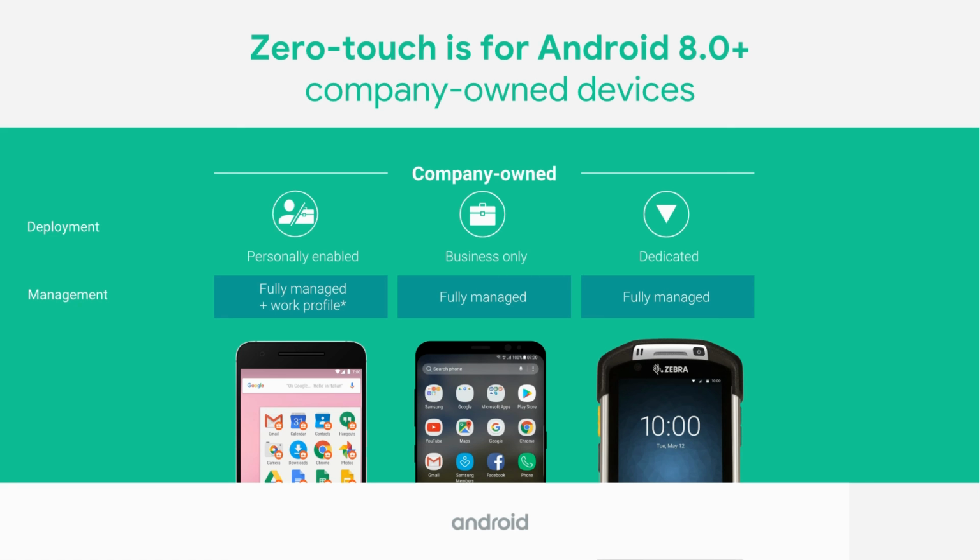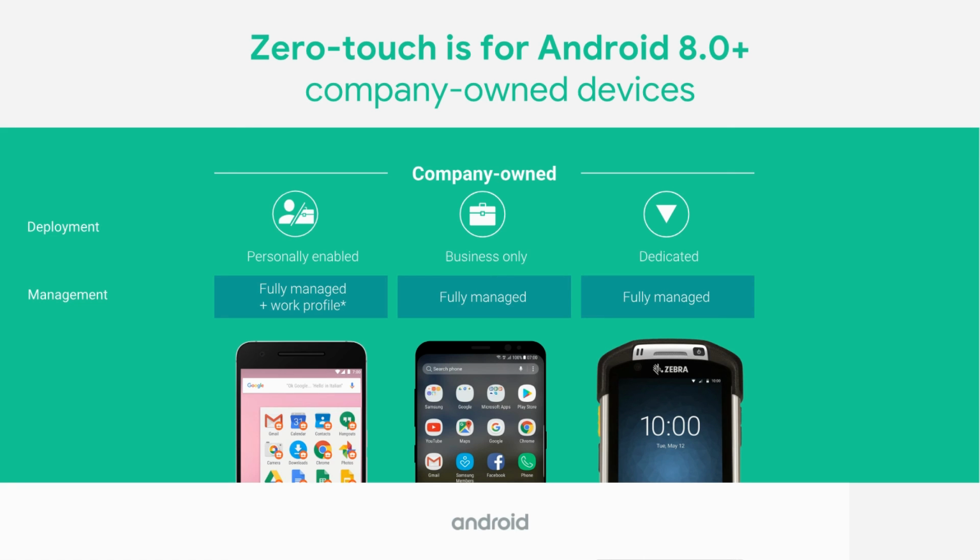Thanks, Antonio. As we said before, Zero Touch is for Android Oreo devices and above. Once you've done that simple, streamlined enrollment process that Antonio took us through, you can deploy your devices in different modes.